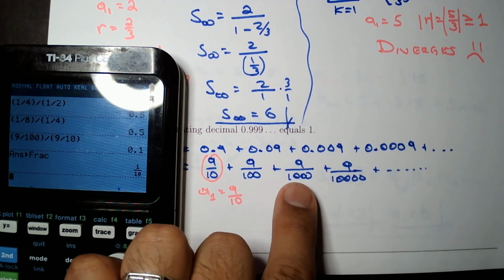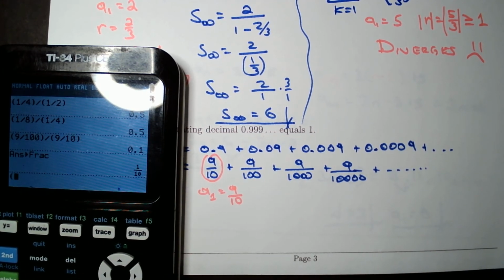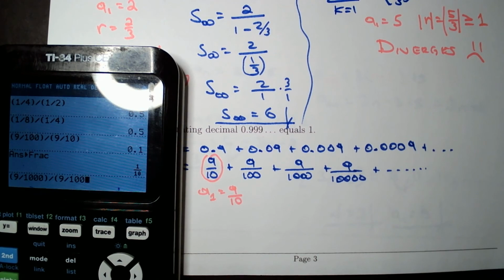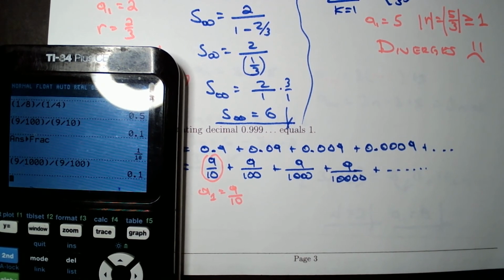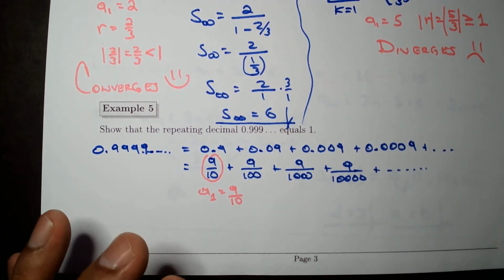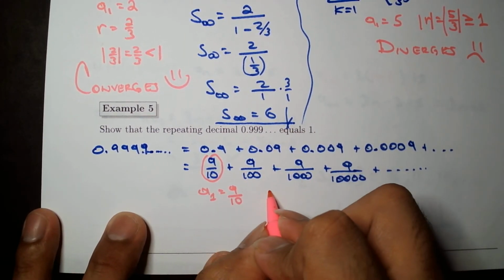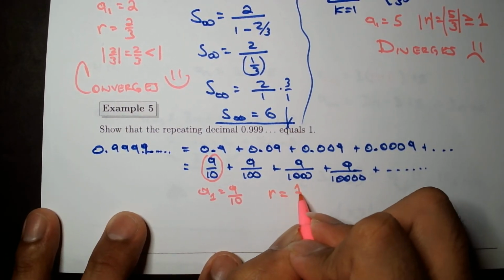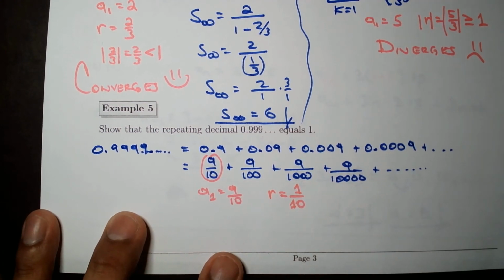Let's do the next one: 9 over 1000 divided by 9 over 100: 0.1, which is 1/10 again. So the common ratio for this series is 1 over 10.